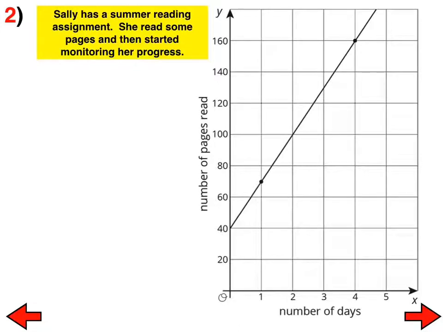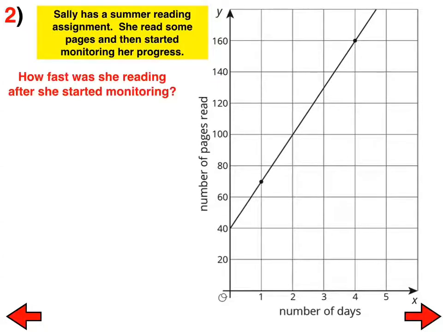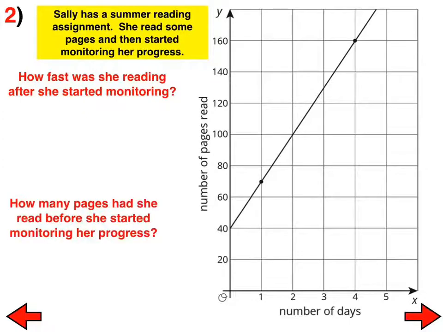So Sally has a summer reading assignment. She read some pages and then started monitoring her progress. First question was, how fast was she reading after she started monitoring? Second question is, how many pages had she read before she started monitoring her progress? Well, I'm going to use that point to figure out that question.